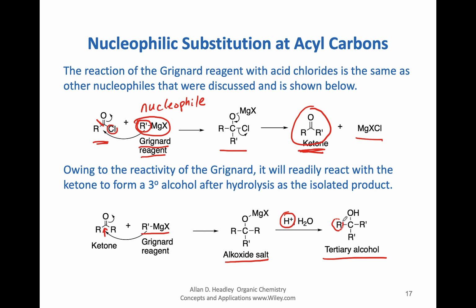Notice that these two groups here are the same because it's coming from here in the first reaction and it's coming from here in the second reaction. So this is a good way to make tertiary alcohols where two of the R groups are the same.